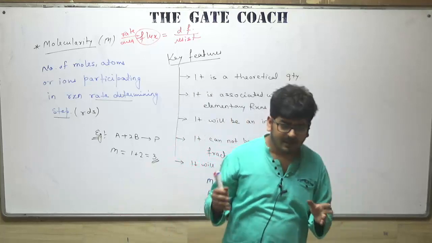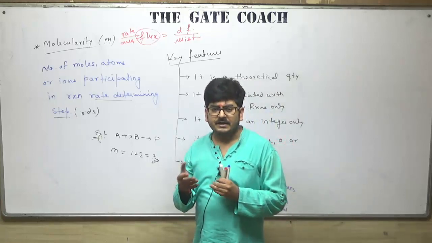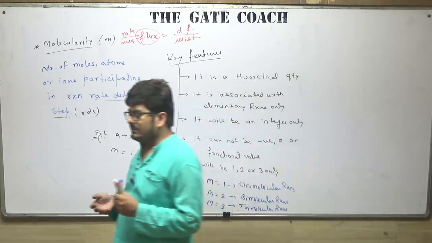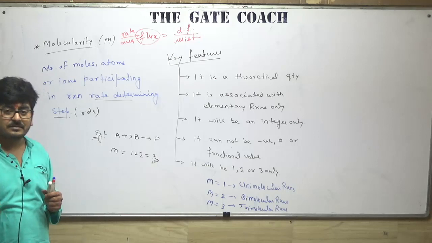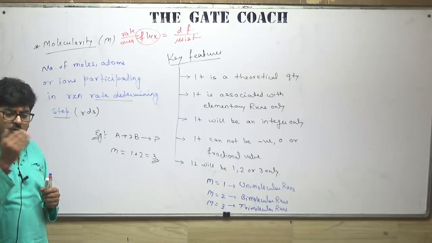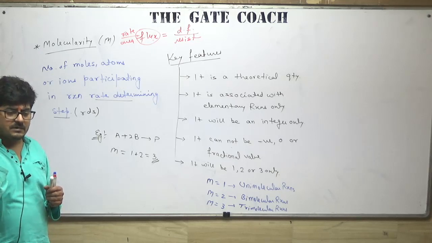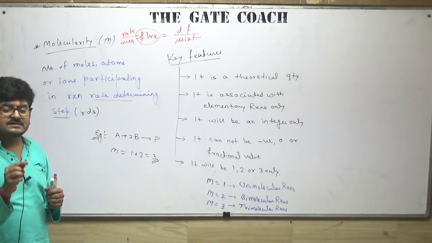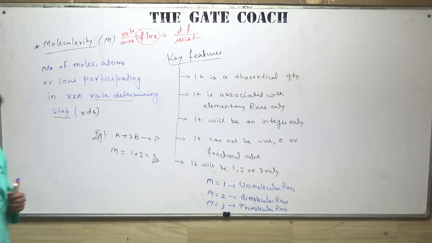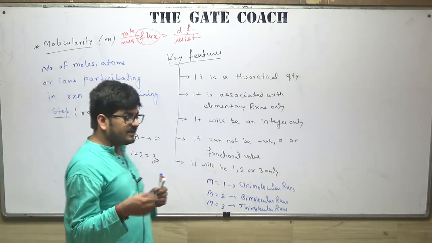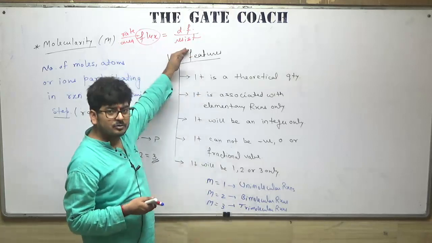If that chemical reaction occurs in more than one step, then out of those steps, the step which has the highest resistance, because rate is inversely proportional to resistance.